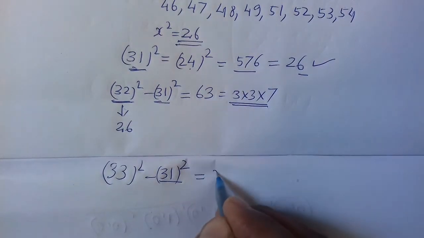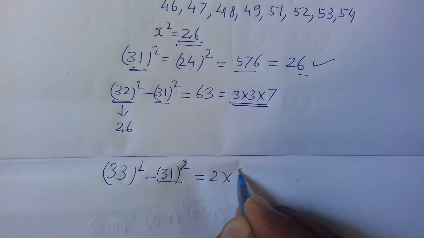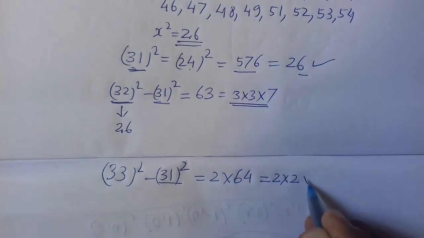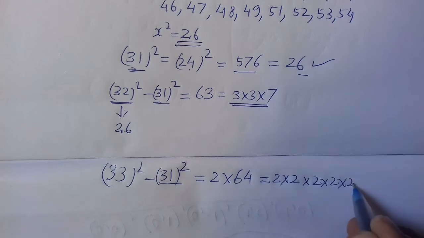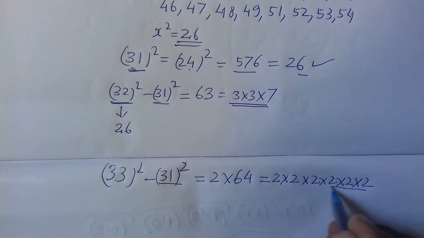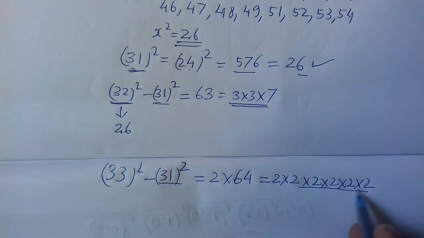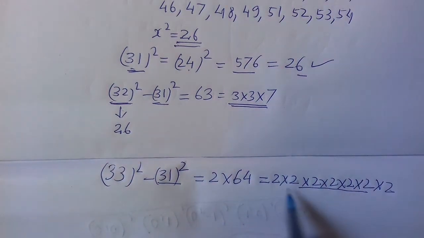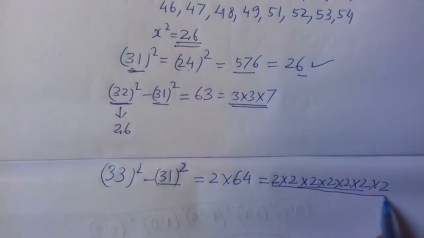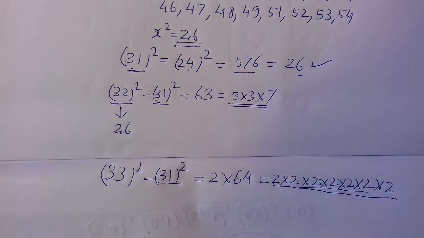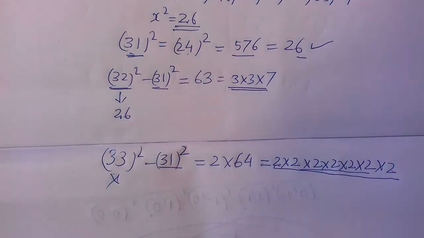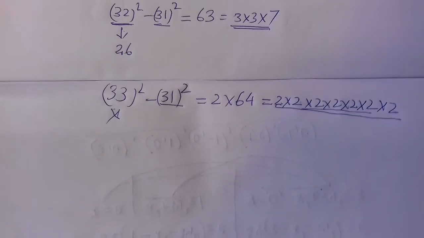So this will be 2 into 64. 64 means 2 into 2 into 2 into 2 into 2 into 2. So this number is also not a multiple of 55. So 33 is not our answer.